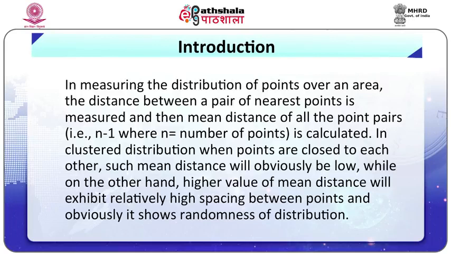In measuring the distribution of points over an area, the distance between a pair of nearest points is measured and then the mean distance of all the point pairs, that is sum of d divided by n, where n is equal to the number of points, is calculated.